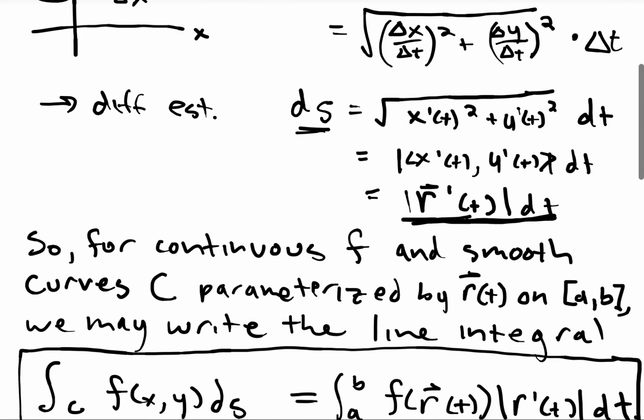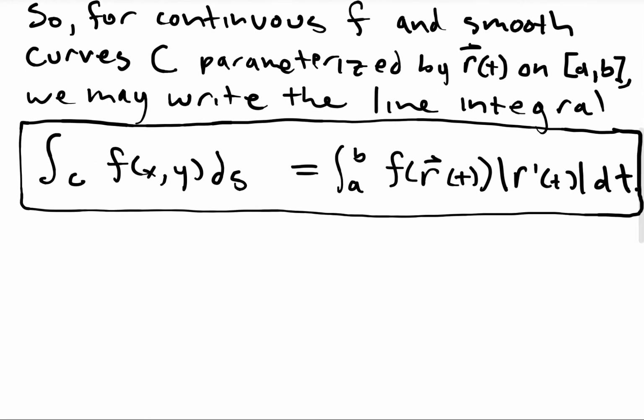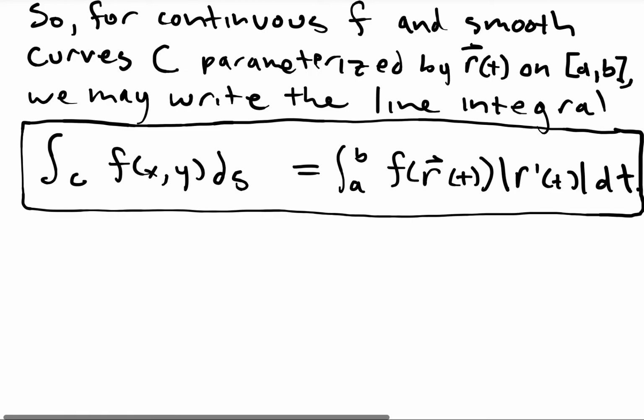If you didn't care about any of the derivations before, and you just want a way to crank out these integrals, how do I rewrite stuff? This is where we need to tune back in. If you've got a continuous function and a smooth curve that you are trying to integrate over, you need a parameterization for that curve on some interval.